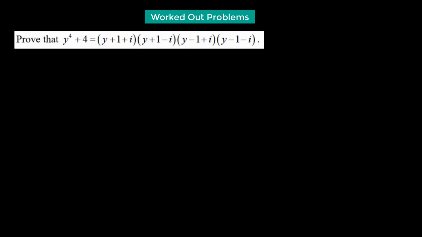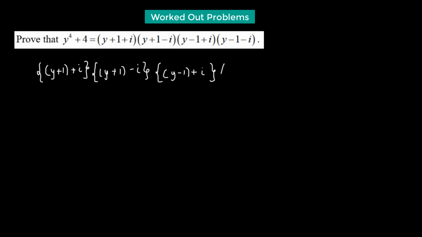So in order to solve this question, we begin with the right hand side. This can be rewritten as (y + 1 + i) multiplied by (y + 1 - i), and we have (y - 1 + i) multiplied by (y - 1 - i).